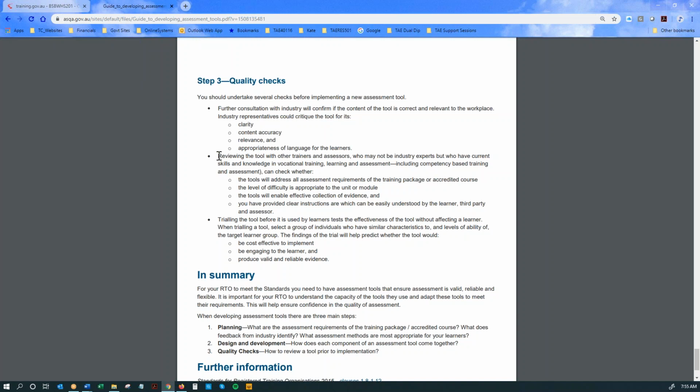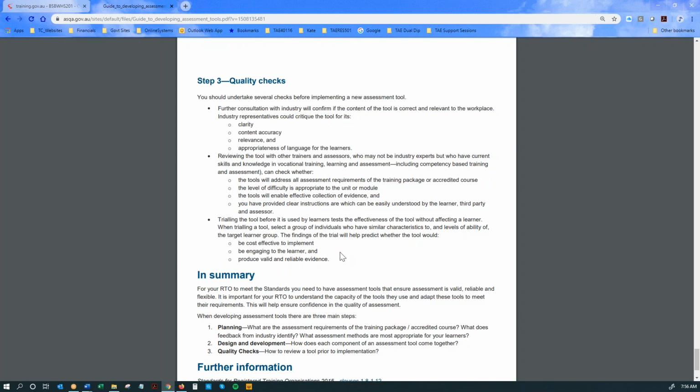Then you should maybe have a review or a validation, we call it, with other trainer assessors, because sometimes it takes a fresh set of eyes to read what you've suggested is the best way to assess something, and someone else might look at it and be able to pick up something that's missing, or they might do a cross-check of your mapping and say, look, I don't really think that question covers that, or maybe that task is not clear enough, or something in the instructions may need tweaking.